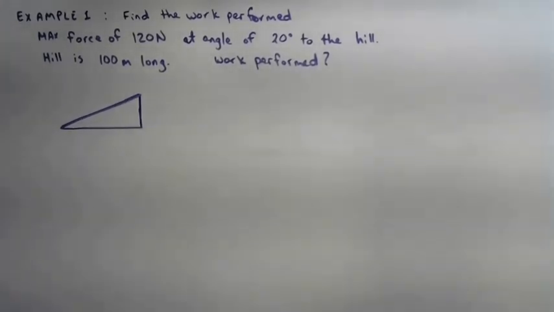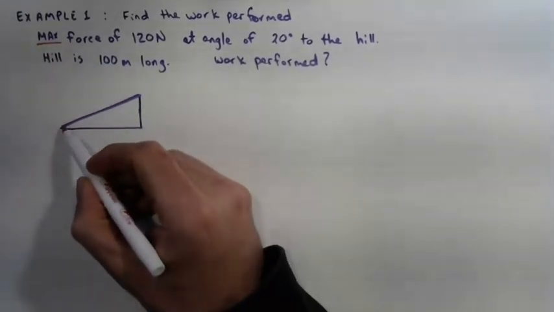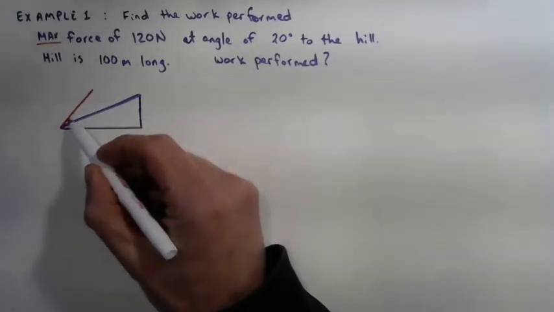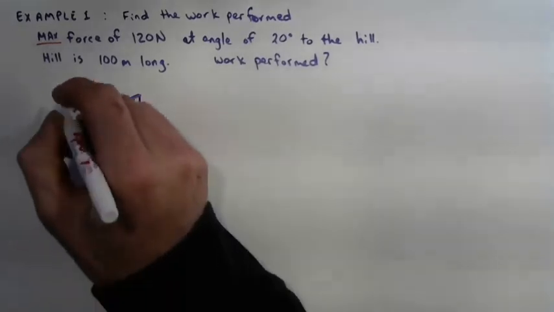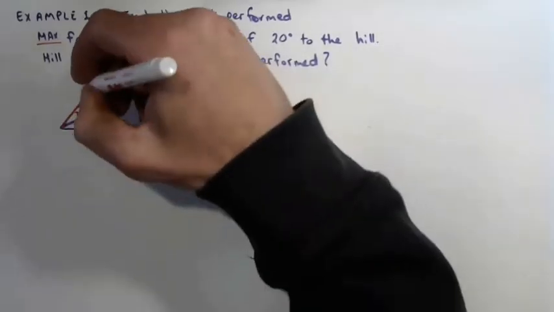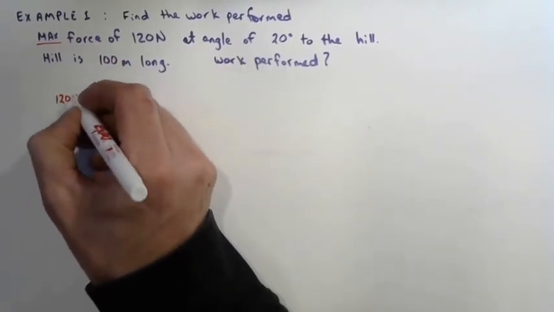And then we have our buddy Max. Max is pulling on his sled at an angle of 20 degrees to the hill, and he's acting with a force of 120 newtons.